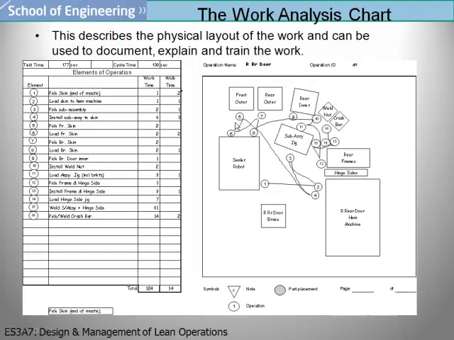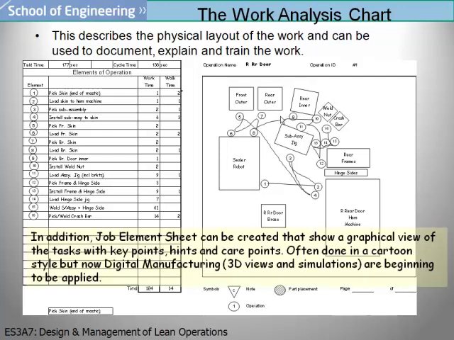But it allows a worker coming in under the principle of Shojinka to very quickly at a glance see what work needs to be done, what the definition of the task, the standardized task, happens to be. Likewise, management can very quickly understand and appreciate what should be happening when they come to observe it.